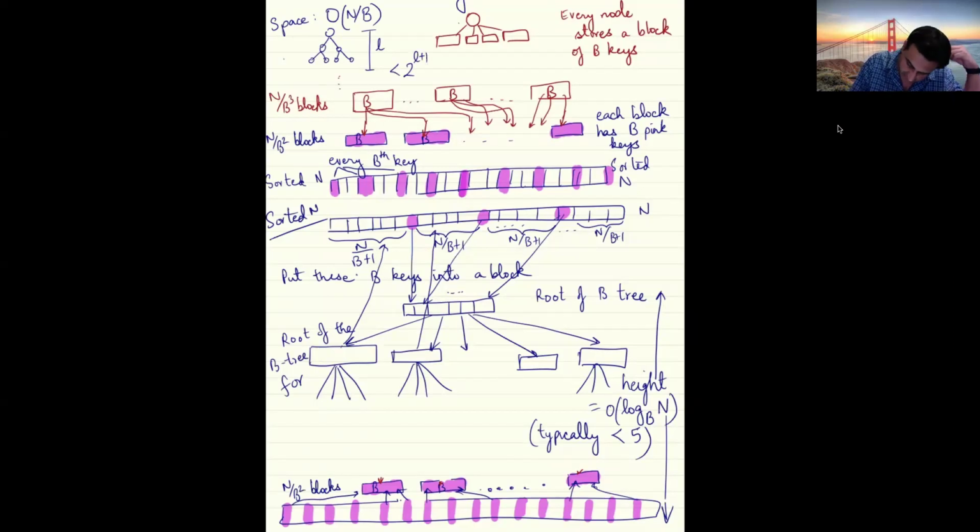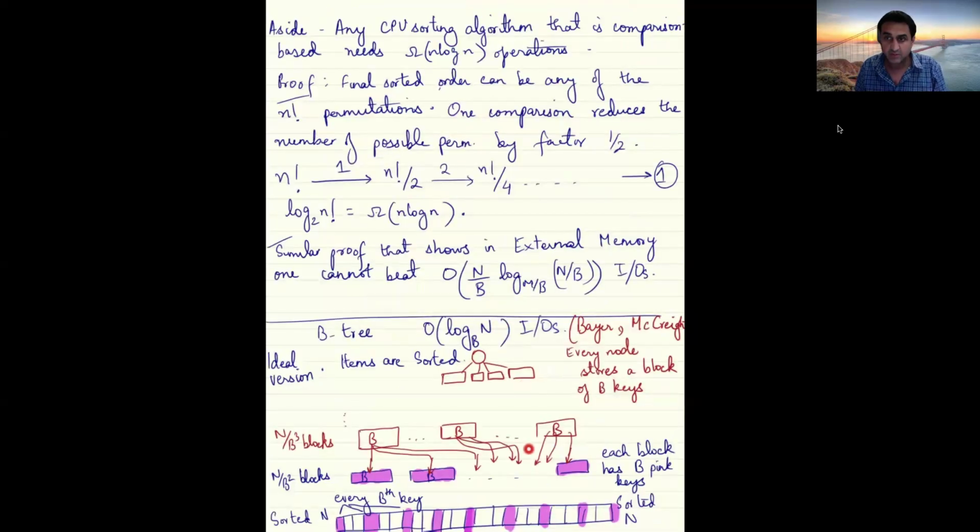And what is 2 to the L plus 1? That is how many nodes you would have at the next level. So that's all I'm saying, that the size of a binary tree is dominated by the number of nodes in the last level. So it's always less than twice the number of nodes in the last level. The same thing here. So that's the space taken by a B tree. And as we agreed, the searching cost is log base B of n, because that's how many levels you have.